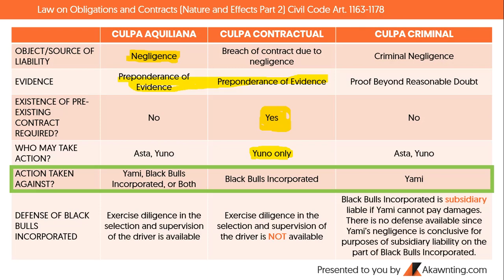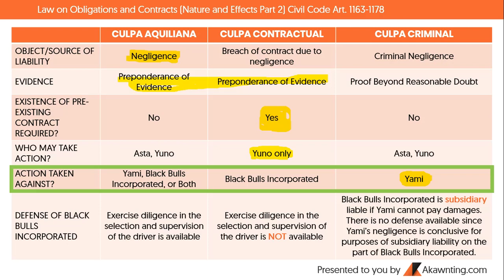Siya lang kasi if ever merong criminal intent dyan or makakasuhan siya criminally, si Yami lang yung pwede dahil siya lang naman yung directly involved, unless syempre may kinalaman dyan si Black Bulls, pero medyo malayong mangyari yon dahil parang accident lang naman itong nangyari.